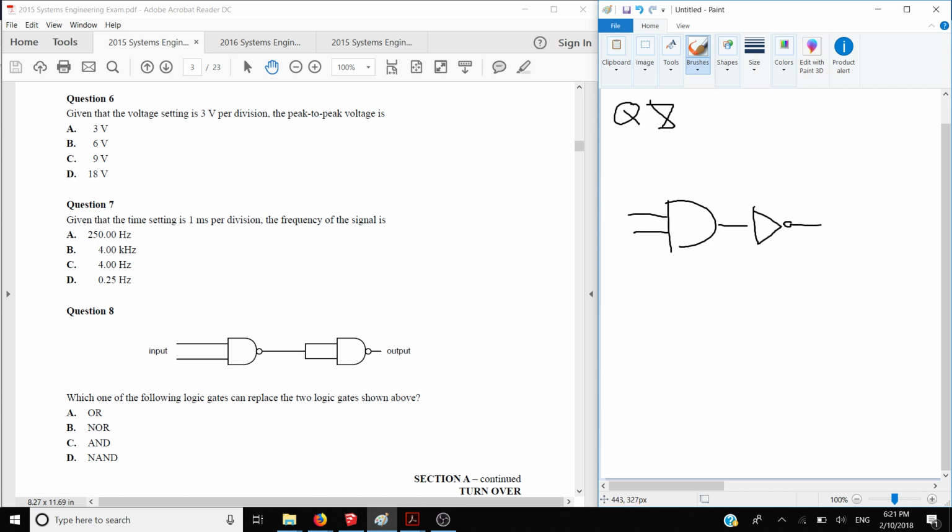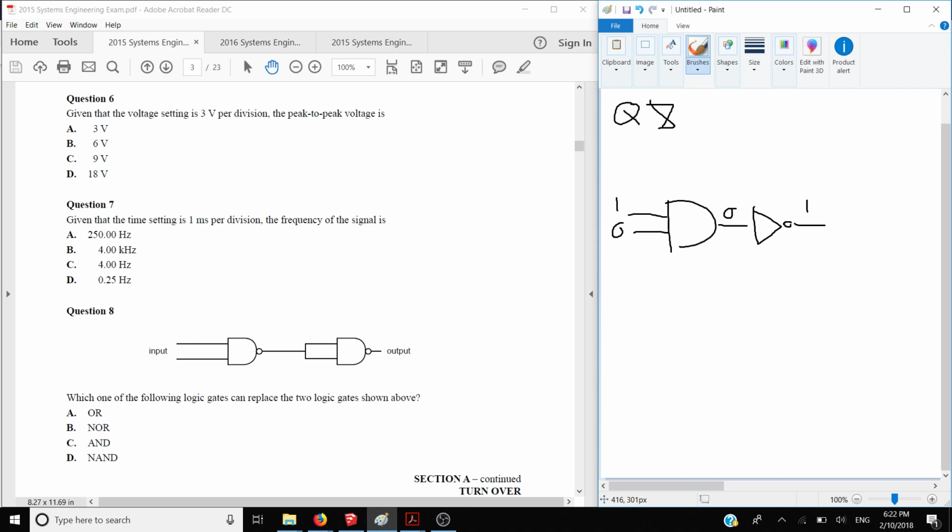Yeah? So what would normally happen in an AND gate and a NOT gate? An AND gate, both of these inputs have to be high for this output to be high. Yeah? So if one of these is low, the output is going to be low. Okay? Or if both of them are low, the output's going to be low. But then what a NOT gate does is if the input is low, the output is high.